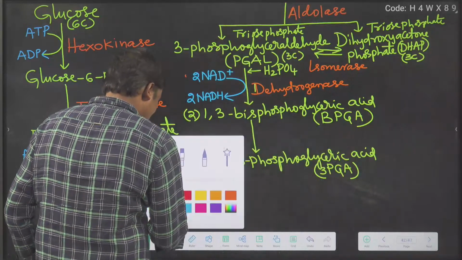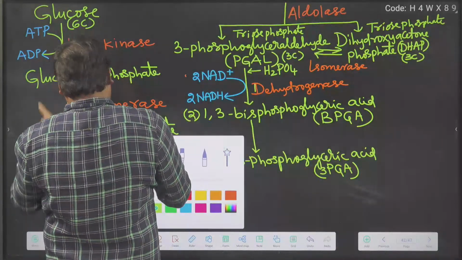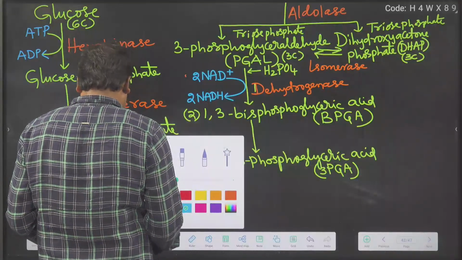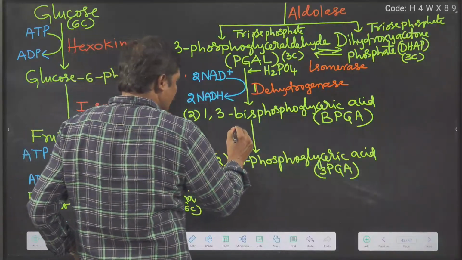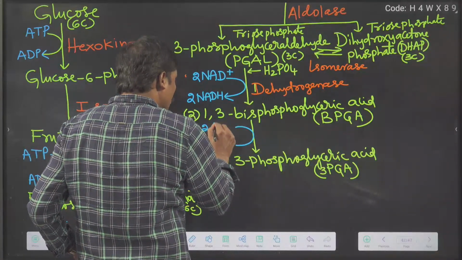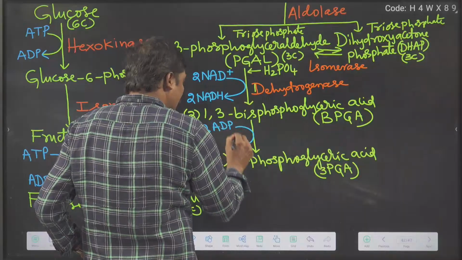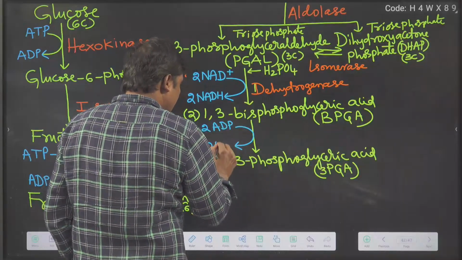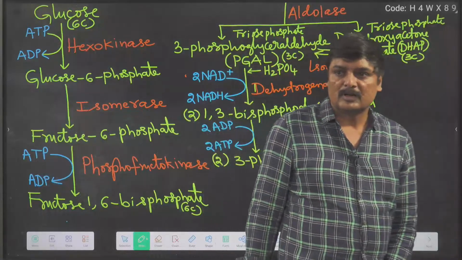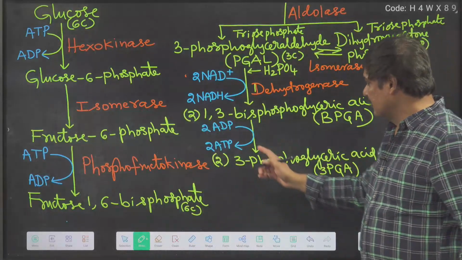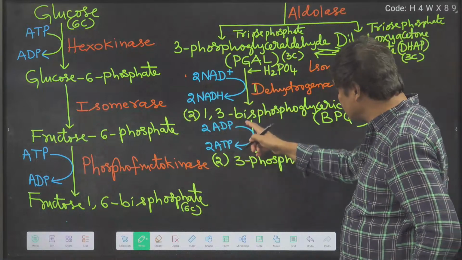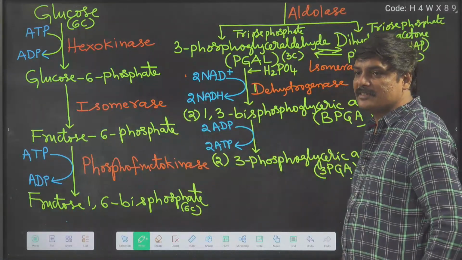Here, reverse to these 2 reactions, ATP is formed. ATP is not used. ATP is formed in this step. How many? 2. 2 ADP becomes 2 ATP. Who is the donor of those phosphates? 1,3-bisphosphoglyceric acid.